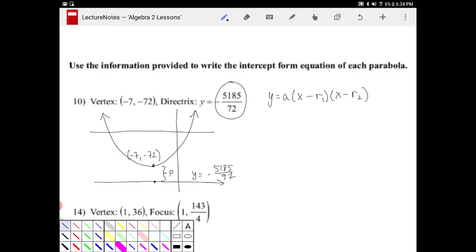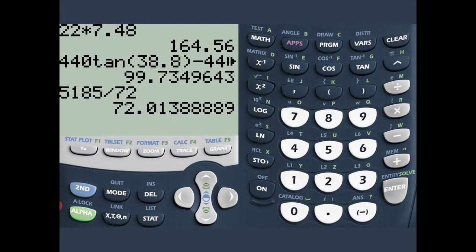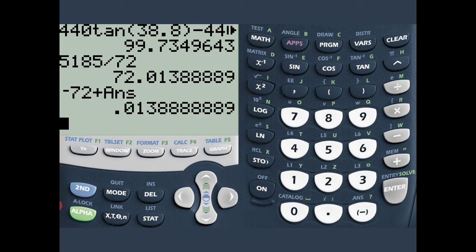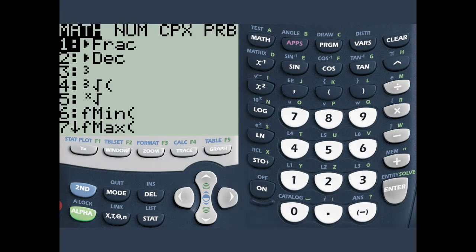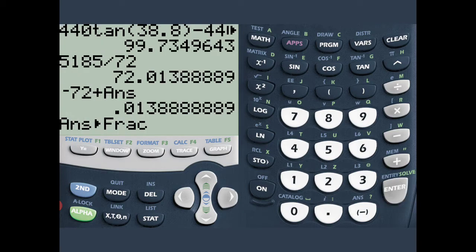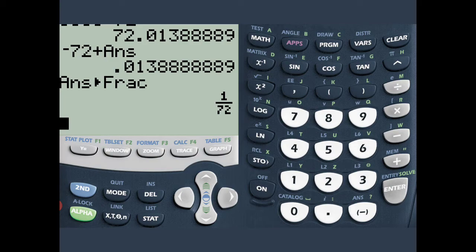So I want to take -72 using my calculator, and minus -72.01, or actually it's just going to be plus, right? That answer I got from before, because I'm subtracting the negative, so it turns into a positive. So I get that. I'm going to press math and press fraction to turn that into a fraction. So that's 1 over 72.